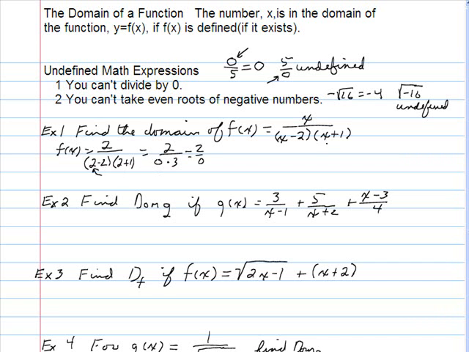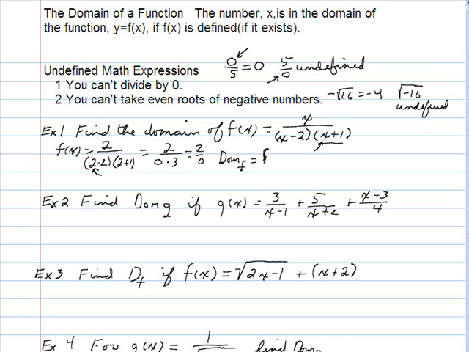By the same logic, you could not let x be negative 1, because if x was negative 1, this expression would be negative 1 plus 1, which would be 0. So again, I'd have a 0 in the denominator of a fraction. That's not allowed. So here's how we write the domain. We say the domain of f can be any number.